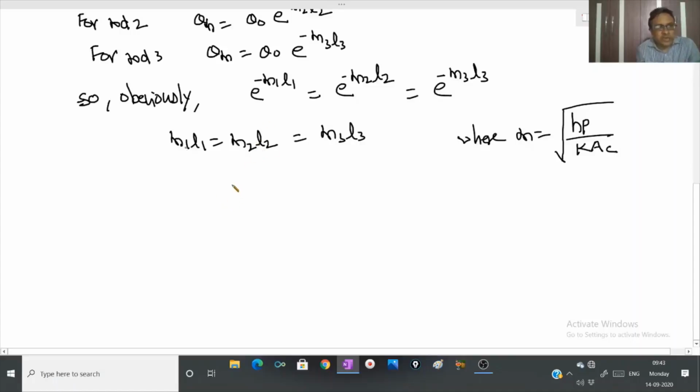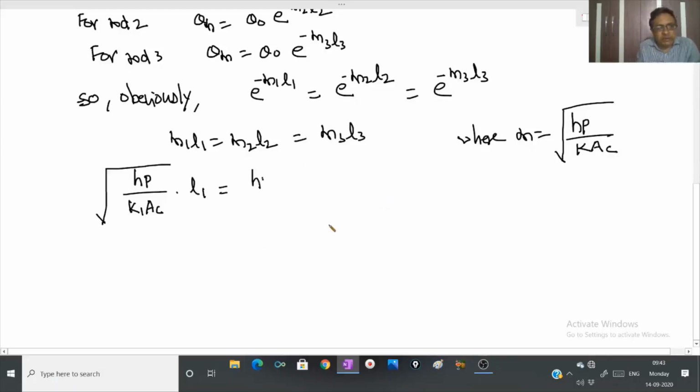So writing the equation of m1 for rod 1, it will be the square root of hP over K1 Ac. Because all these parameters, h, P and Ac, are the same for rods 1, 2 and 3 respectively.